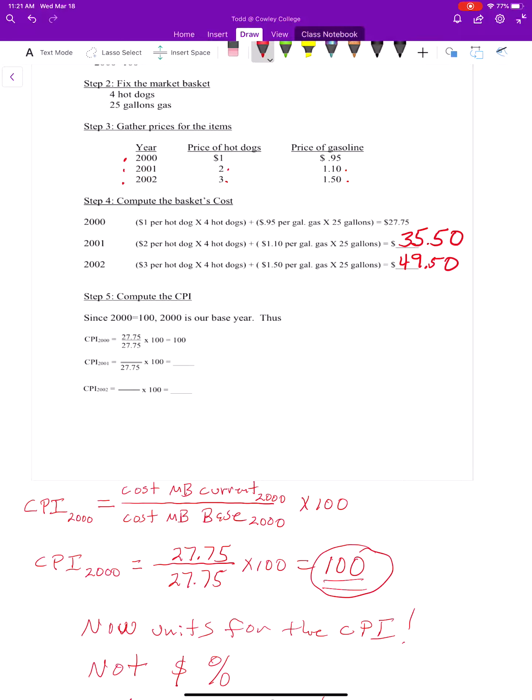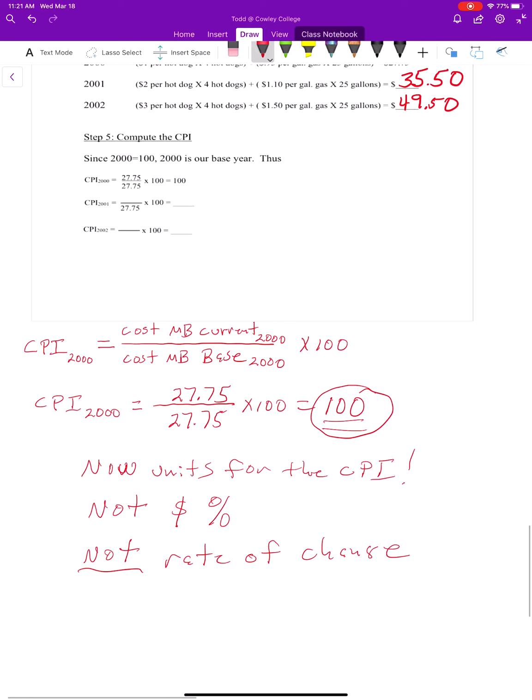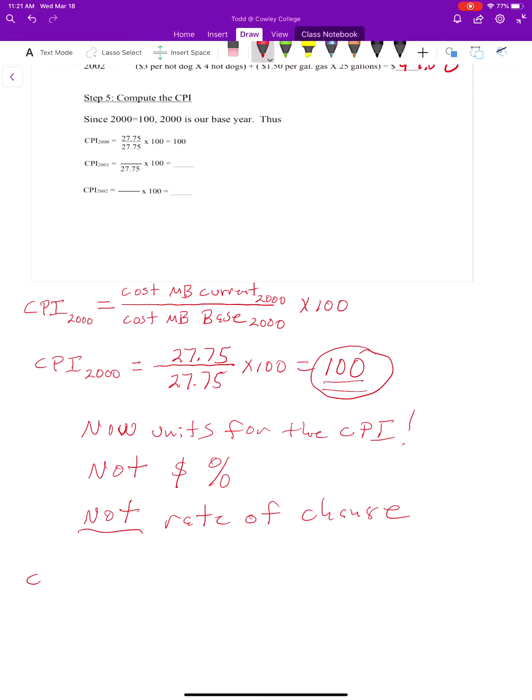According to this then, we want the Consumer Price Index for the year 2001. That would be the cost of the market basket in 2001 divided by the cost of the market basket in your base year, which is still 2000, multiplied by 100.